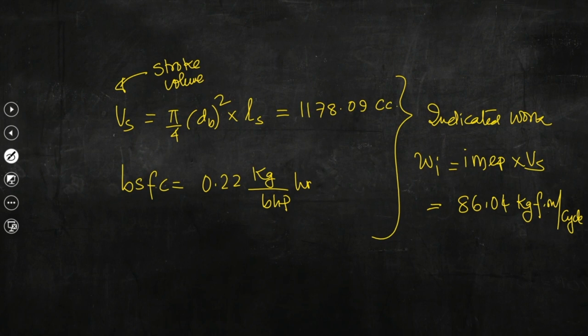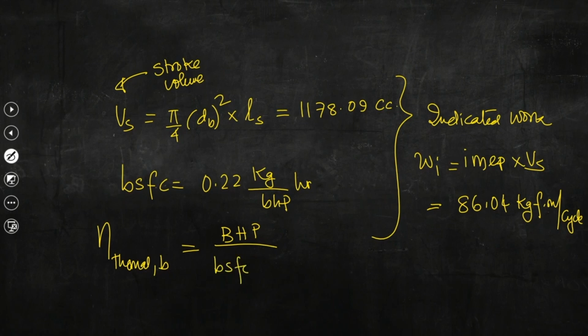So, eta thermal brake is brake horsepower divided by BSFC into QCV.